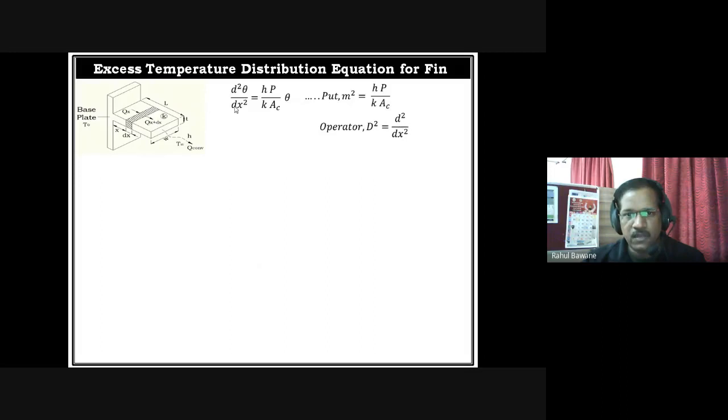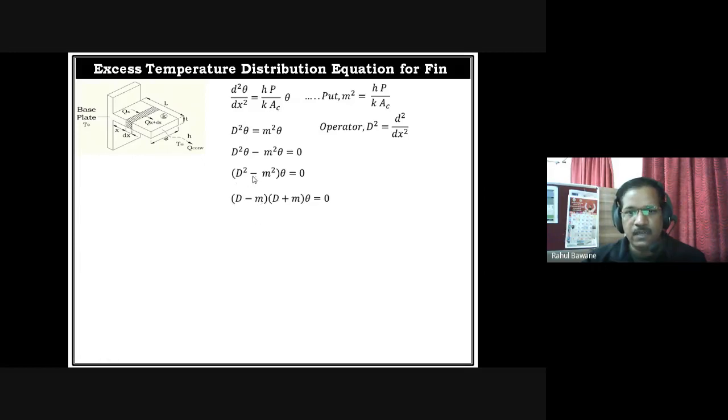That means for d square upon dx square we will put D square, and here we will put m square. So our equation becomes D square theta equals m square theta. Now simplify this. So D square theta minus m square theta equals 0. So D square minus m square, common is theta, equals 0.